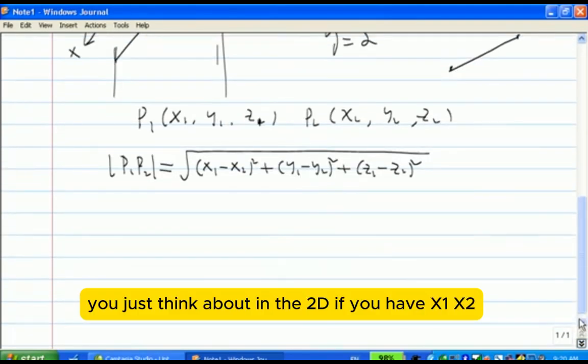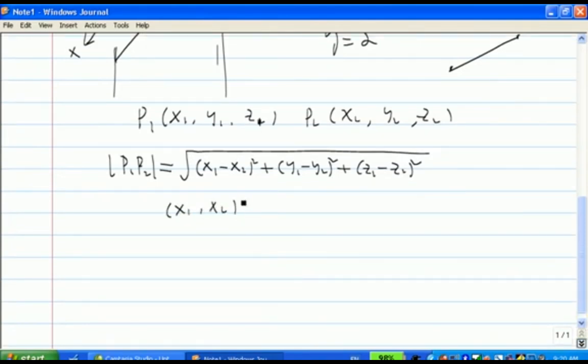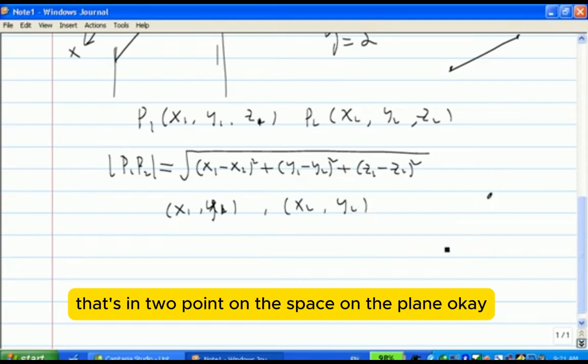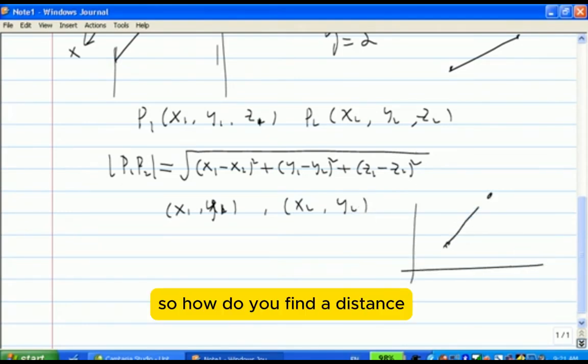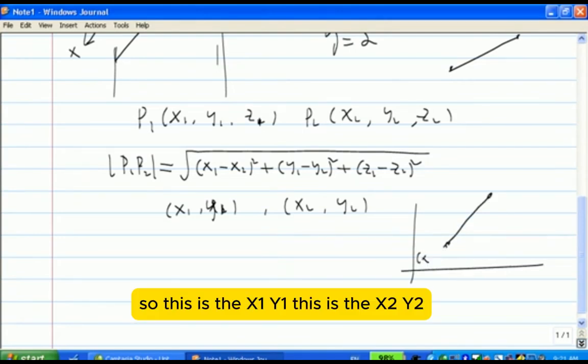You just think about it in 2D. If you have two points on the plane, (x1, y1) and (x2, y2), how do you find the distance? Say this is (x1, y1) and this is (x2, y2).